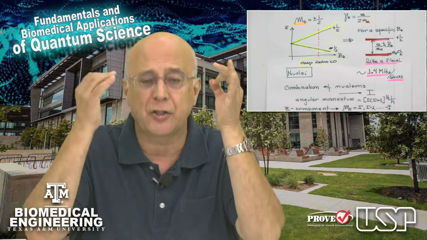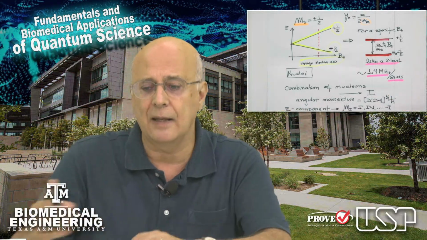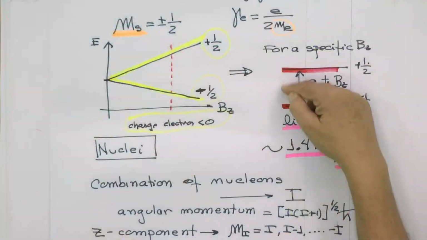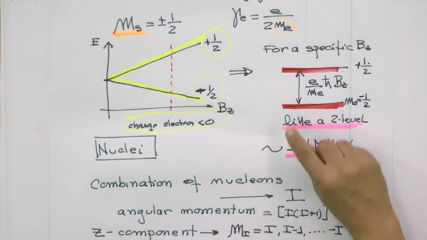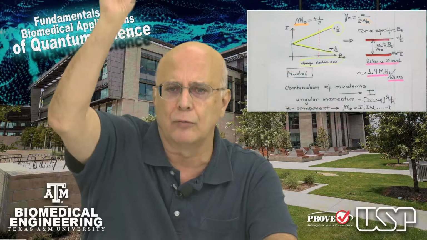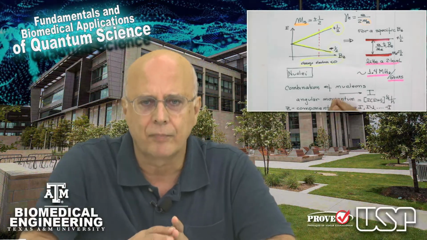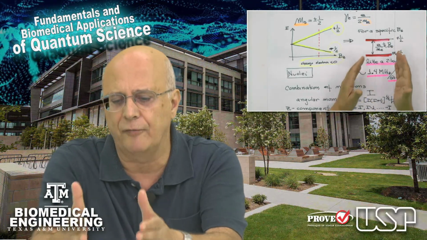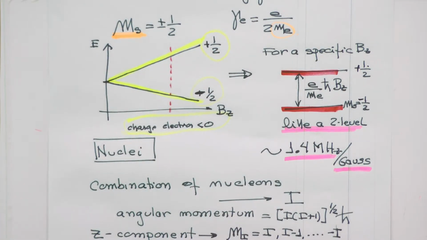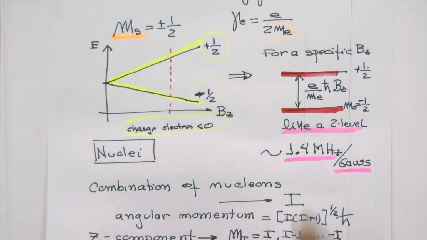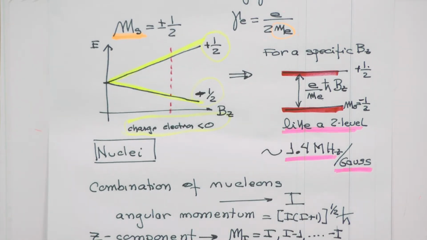That's the two possible orientations. And I can come now with radiation and sample this two-level system, making the spin go from down to up and back. And that's the basis of one type of magnetic resonance, using the electrons for that.